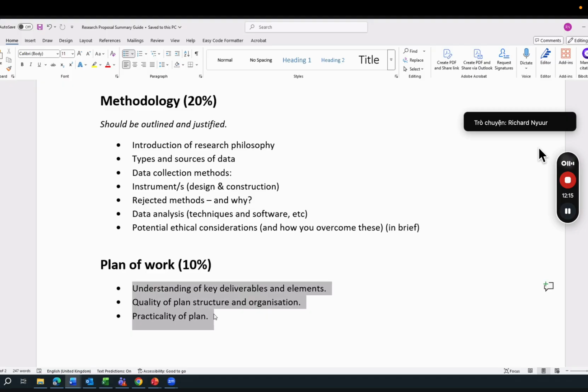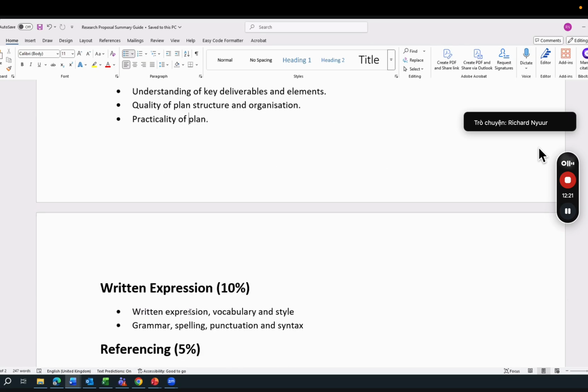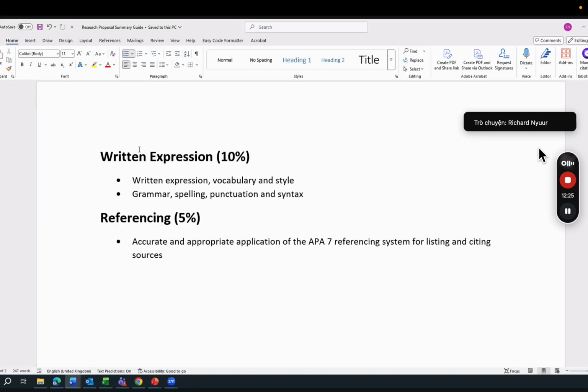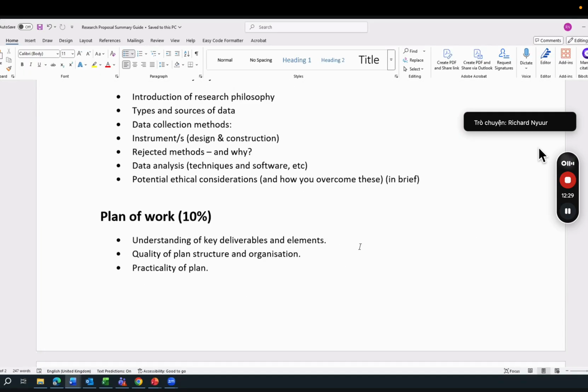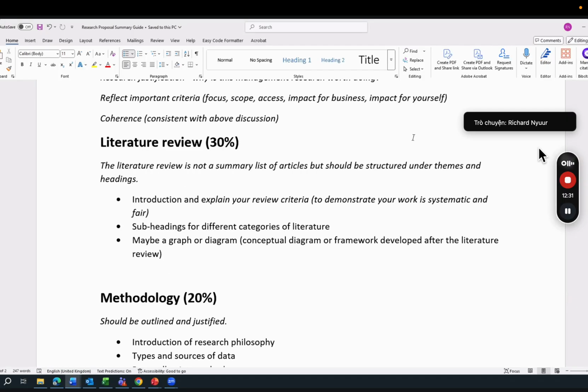So highlight the research plan and the timelines. And then, of course, you need to reference your work appropriately. So that's pretty much what I use as a guide for students in terms of dissertation proposal.